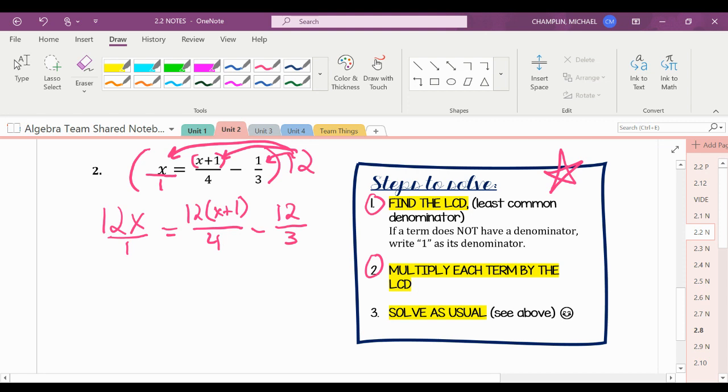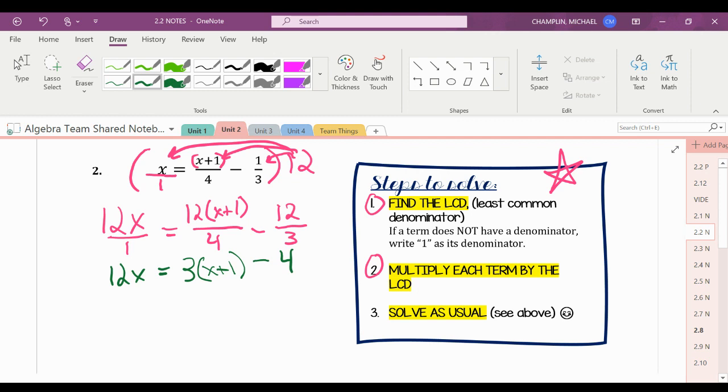Not quite, because let's simplify or reduce these. 12x divided by 1 is just going to be 12x. 12 times x plus 1 divided by 4 actually cancels out the 4 because 12 divided by 4 is 3. So we can bring this down to get 3 times x plus 1. And also 12 can be divided by 3. So 12 divided by 3 is just going to be 4. So we now have 12x equals 3 times x plus 1 minus 4.